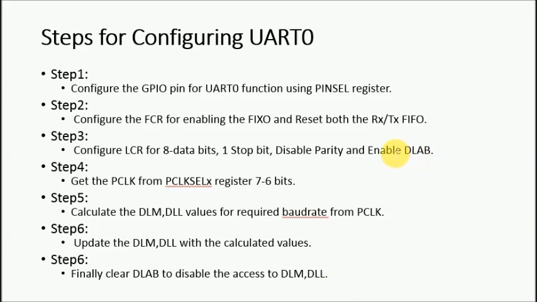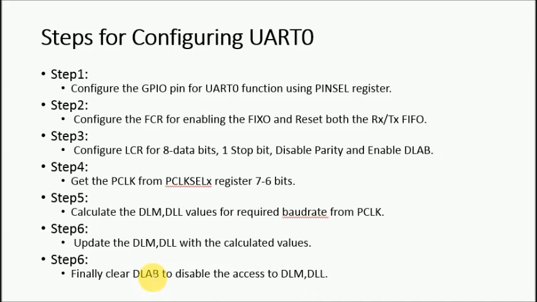So here we have to enable DLAB to access the DLM and DLL registers. And when we write the data into the DLM and DLL, then we have to disable the access of DLM and DLL using the DLAB.